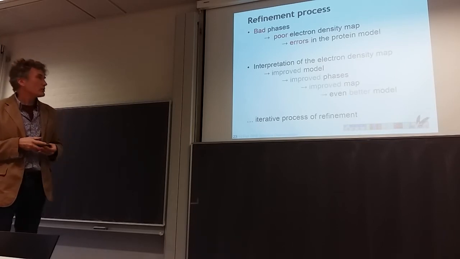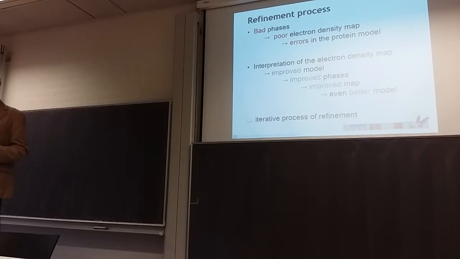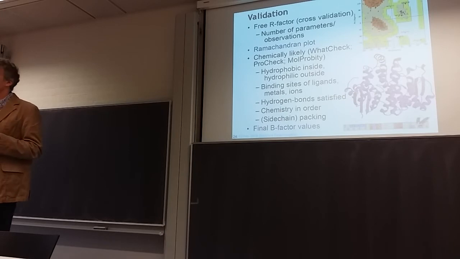Finally, and this actually starts already during the refinement process, there's a step that's called validation, and that tells you something about how good your structure looks. And how would you know that? Well, you can actually compare it with known structures, right?